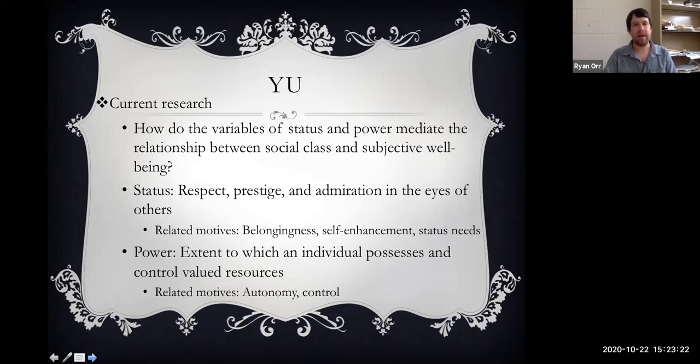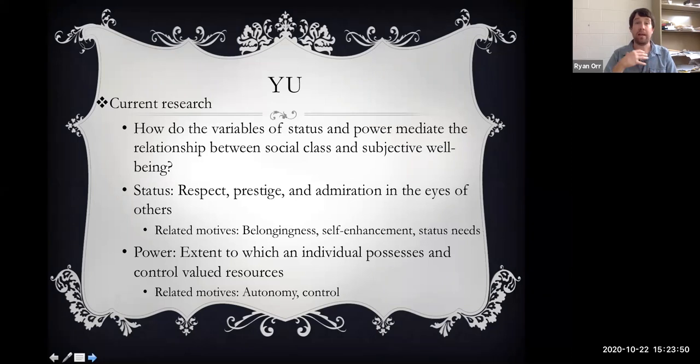So we're looking at motives, and by motives, basically these drives that people have in life. They try to connect these different motives, these different drives, to status and power. So three motives they connect to status are status needs. Everybody has a need to have some type of social recognition, some type of social status.